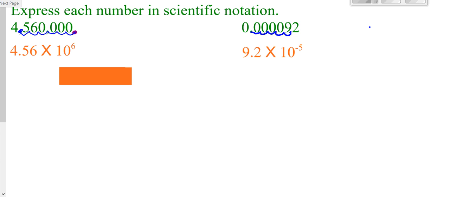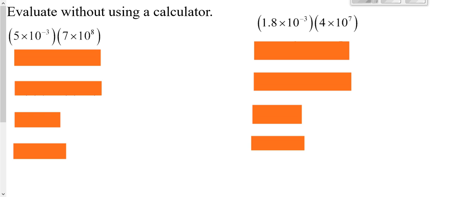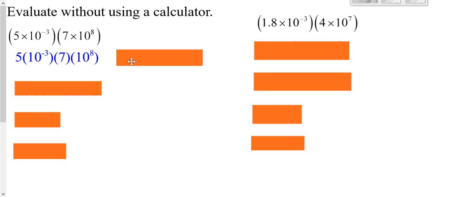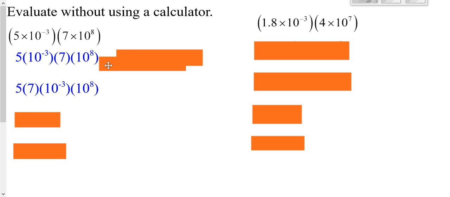Now, over here on the next page, we basically have to go ahead and multiply these out. Now, you could multiply these out by hand. Everything's multiplication in the parentheses, so you can multiply in any order you want. So you could multiply those together, you get 35. 10 to a power times 10 to a power, so you'd add your exponents, you get this.